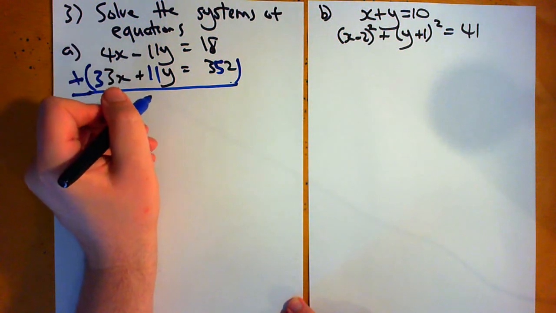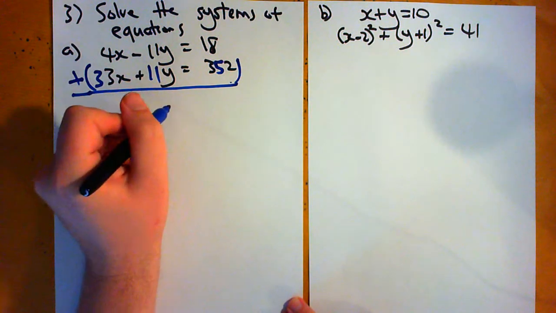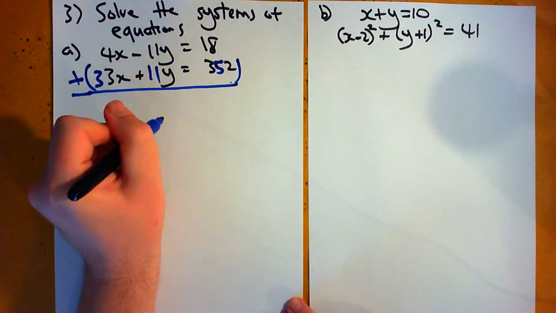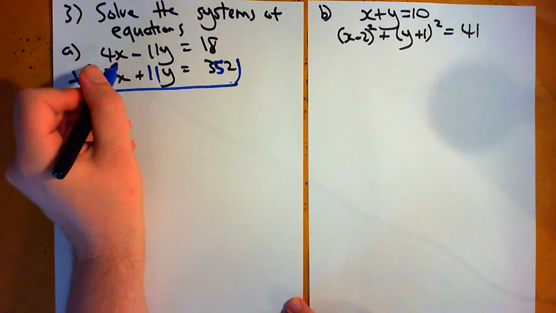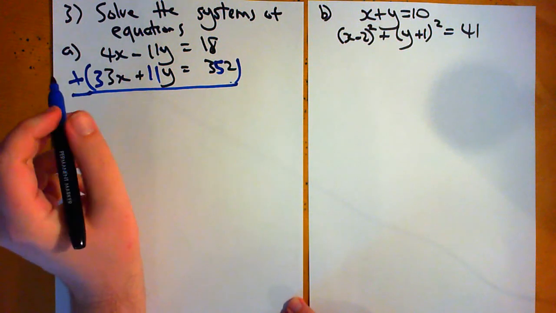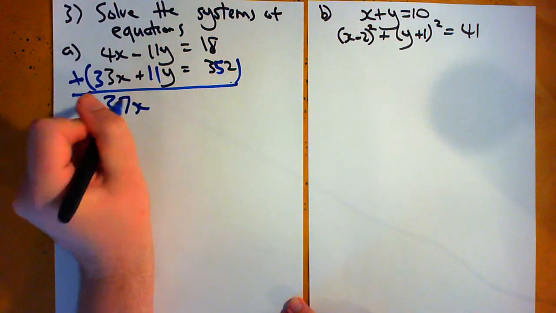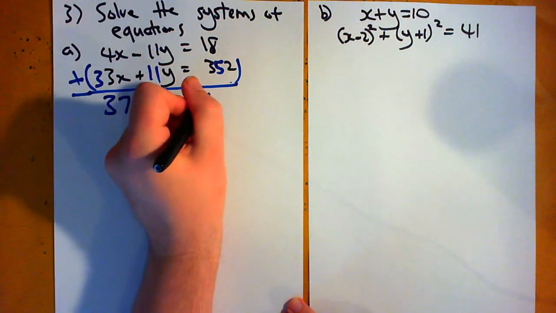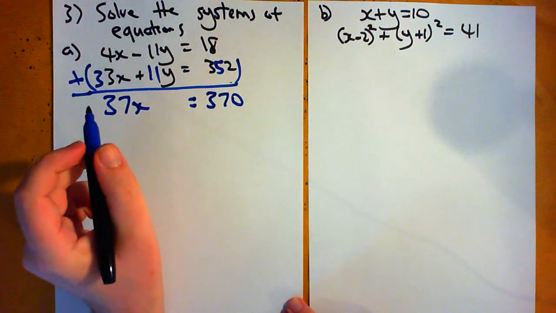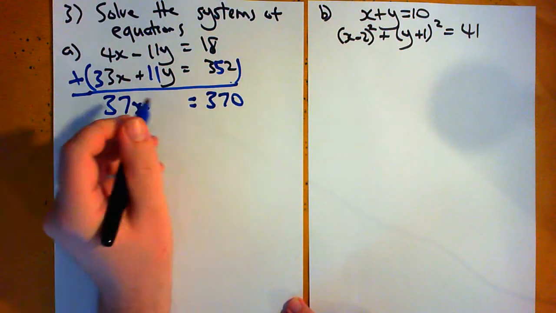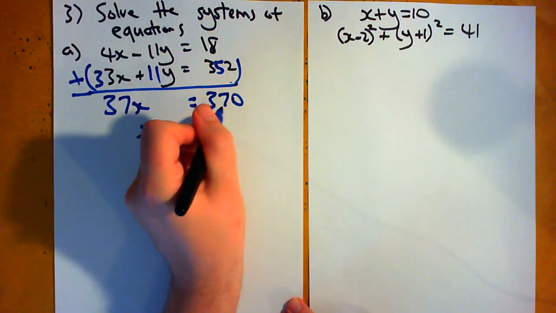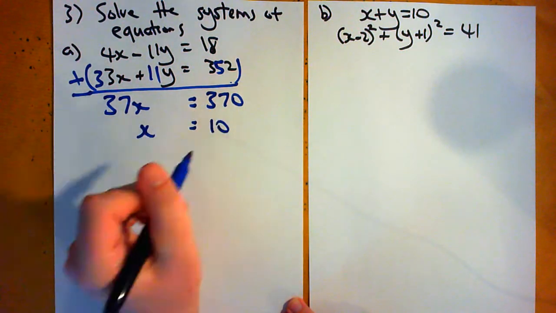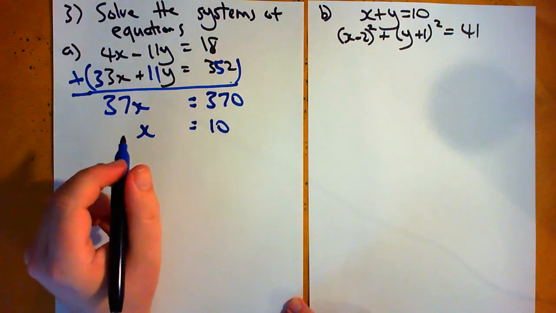So minus 11y plus positive 11y gives you 0, which means there will be no y appearing in that equation, and we're left with 4x plus 33x, which is 37x, equals 18 plus 352 is 370. If we divide that by 37, we get x equals 370 divided by 37, which is 10. So we've got the value of x.